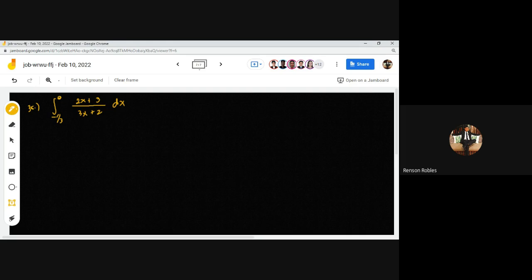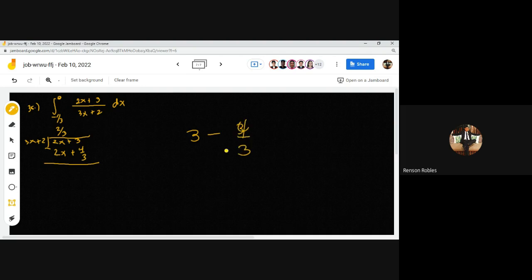What do you want to do? You can divide, or you change the variable and then use substitution or algebraic substitution. If you want to divide, you divide 2x plus 3 by 3x plus 2. So 2x divided by 3x is 2/3. 2/3 times 3x is 2x. Then 2/3 times 2 is 4/3. And then you subtract. So this will become 0. Then you only need to subtract 3 and 4/3.